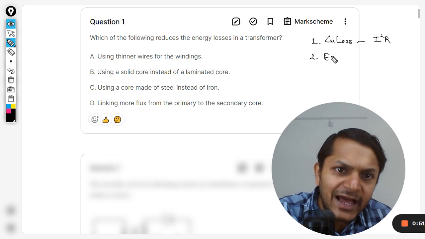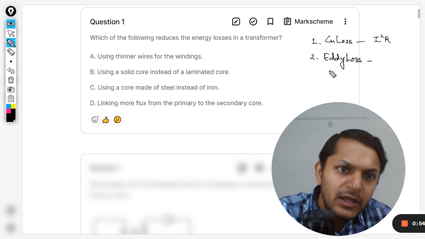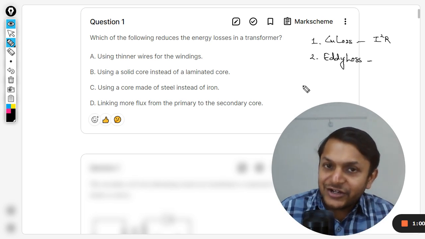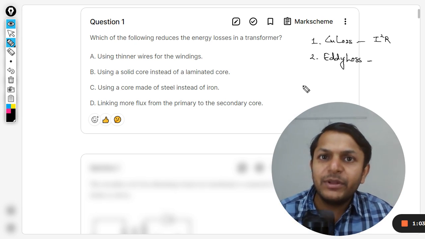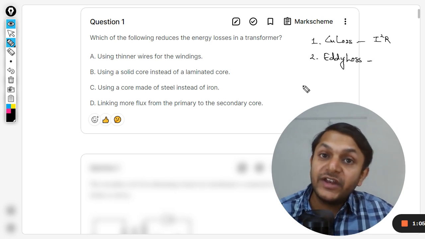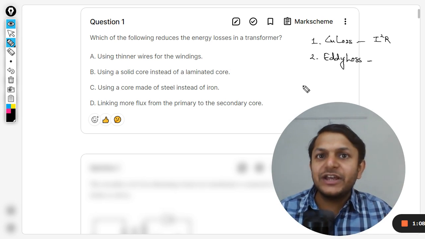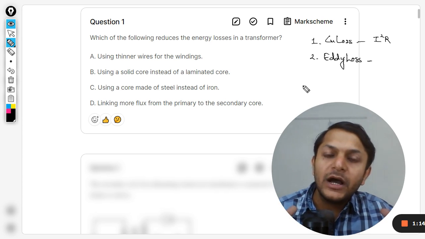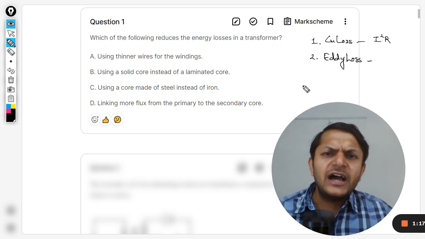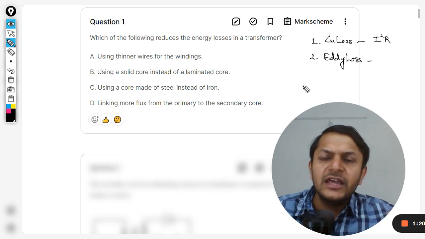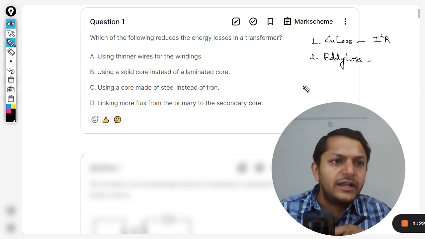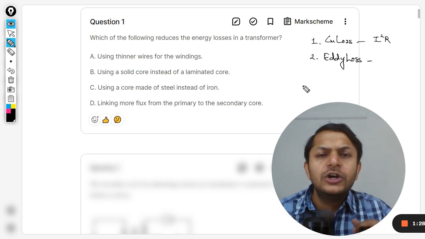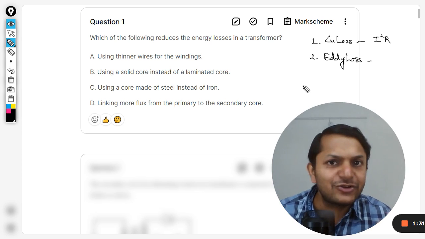Now, point number two is eddy loss. Eddy losses are the losses which happen when you are using a solid chunk, when there is a variable magnetic field and due to which there is a variable magnetic flux associated with that solid chunk, which gives rise to induced currents of various types, and those induced currents are moving in a very vague manner there, and so it starts creating losses of energy there, like the system gets heated up, and so that gives rise to a current which is actually not controlled.